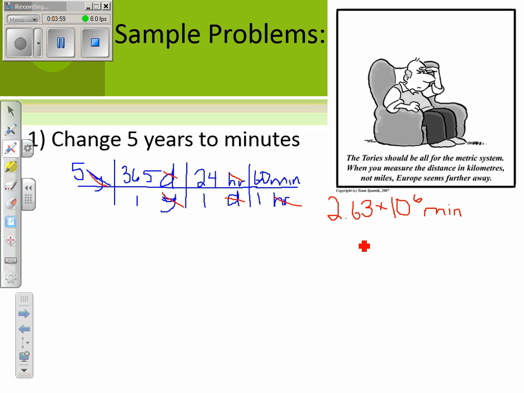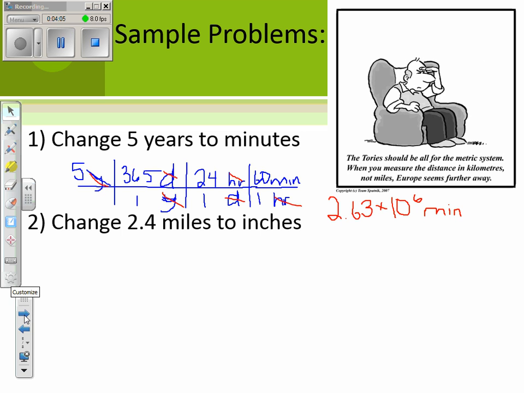Okay. Now, my next one that's going to come up is changing miles to inches. Let's say that I want to change miles squared to inches squared.